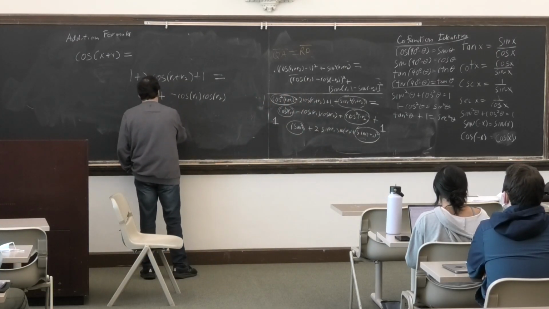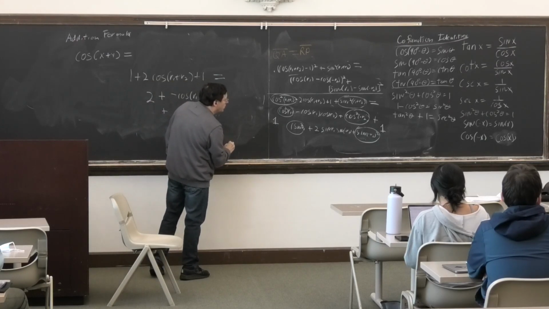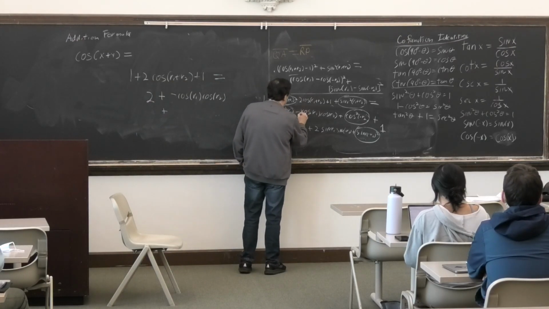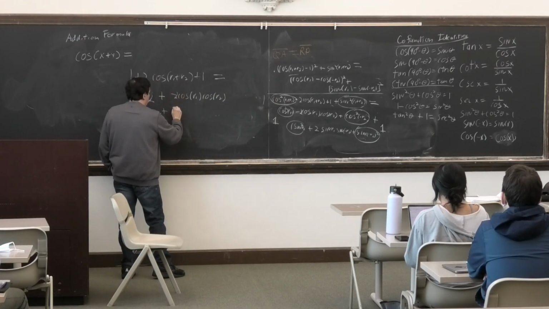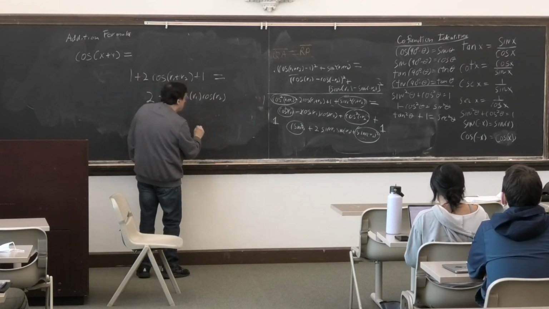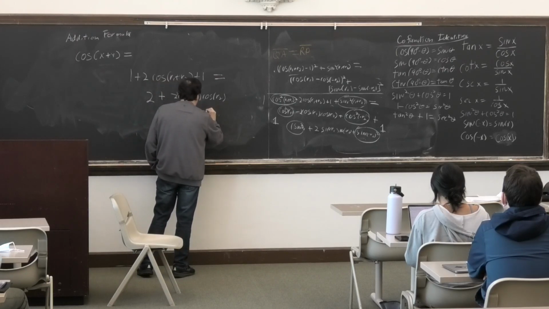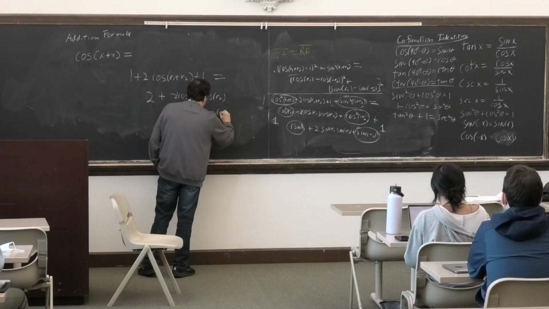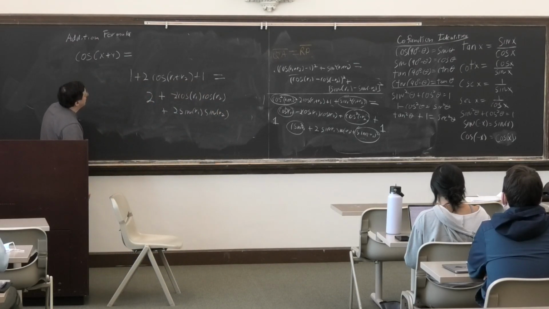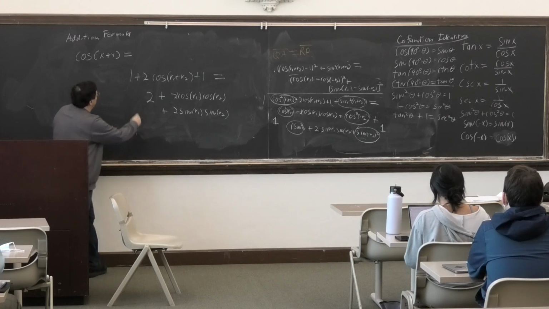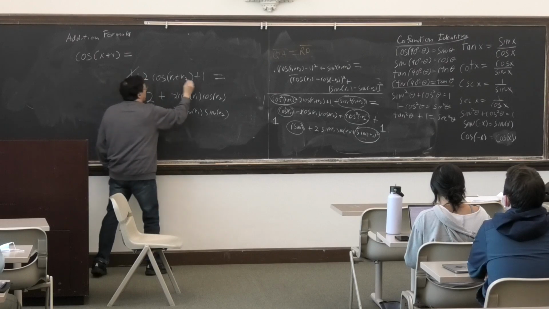So that's plus, I left out the 2 here, didn't I? Plus 2 sine R1 sine R2. Okay, 1 plus 1 is 2, and we have 2 on this side.